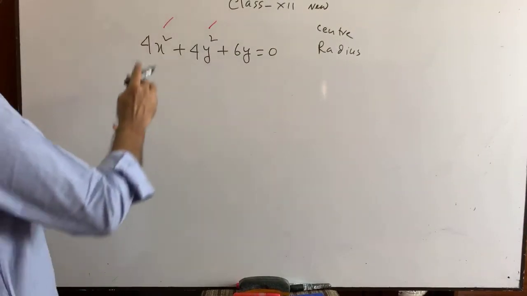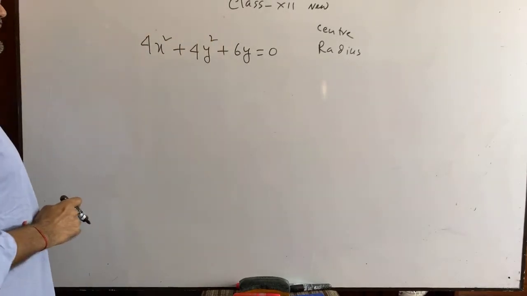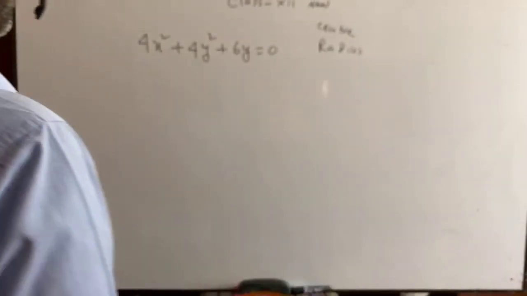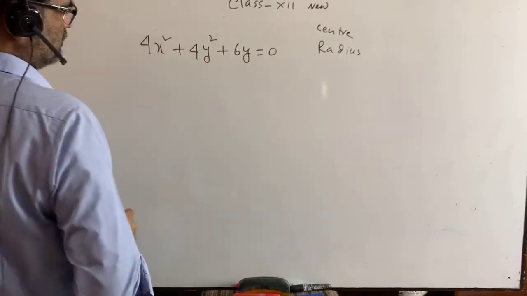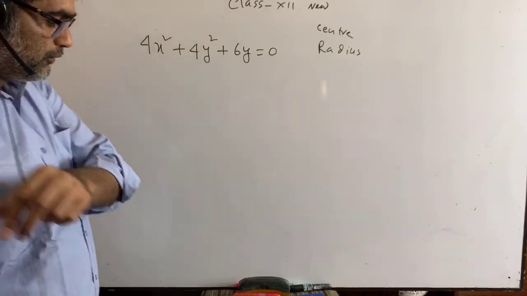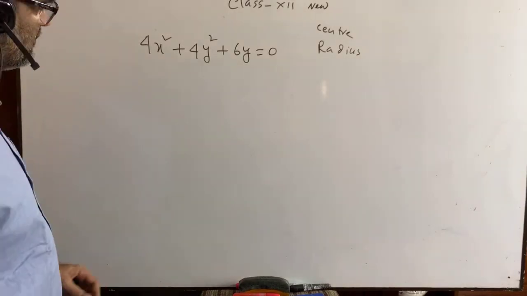So what is the rule? What is our first rule? I have to get the coefficient of x square and y square as 1. So we have to divide all the terms of both the sides by 4.